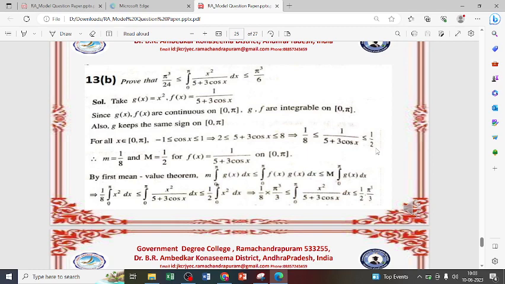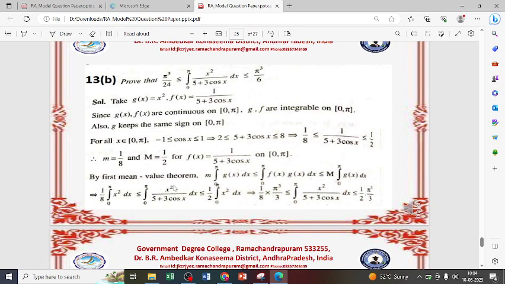Now clearly, the infimum of the function is 1 by 8, small m, and the supremum of this particular function, capital M, becomes 1 by 2, for the function f(x) equal to 1 by (5 plus 3 cos x) in the closed interval [0, pi].